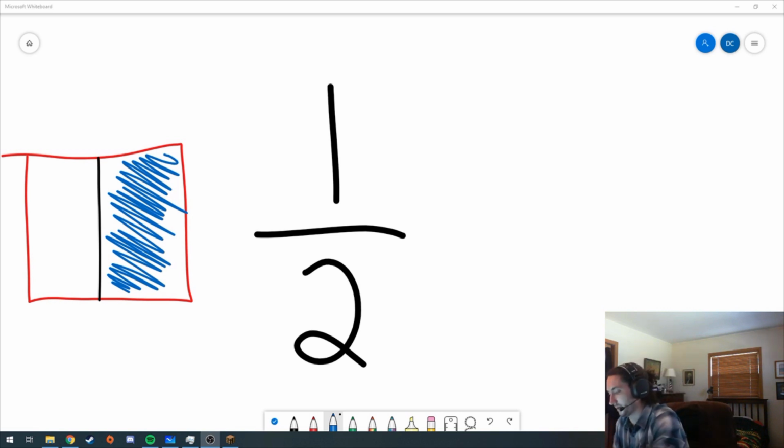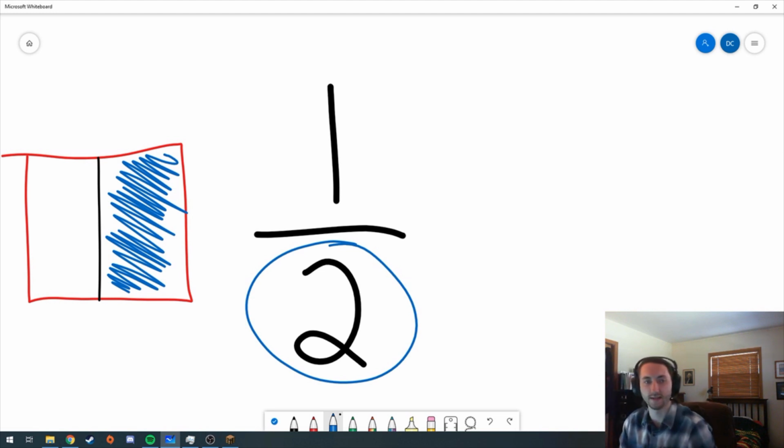So let's start with the number on the bottom. In our case, the number on the bottom is 2. Why is it 2? Well, our square has 2 equal parts, part number 1 and part number 2. The number on the bottom of your fraction is going to be the total number of equal pieces you have in your whole.